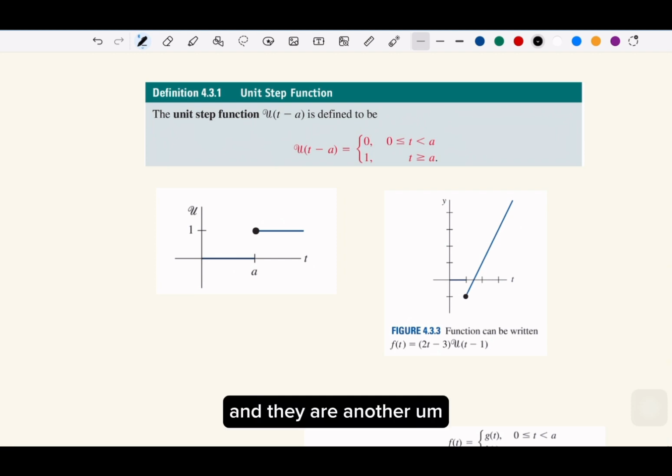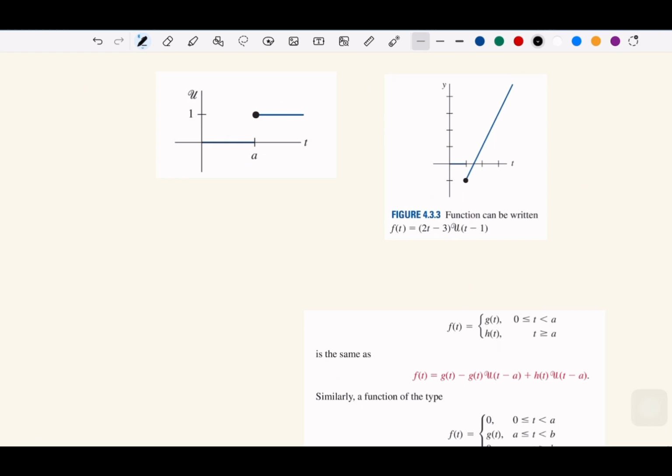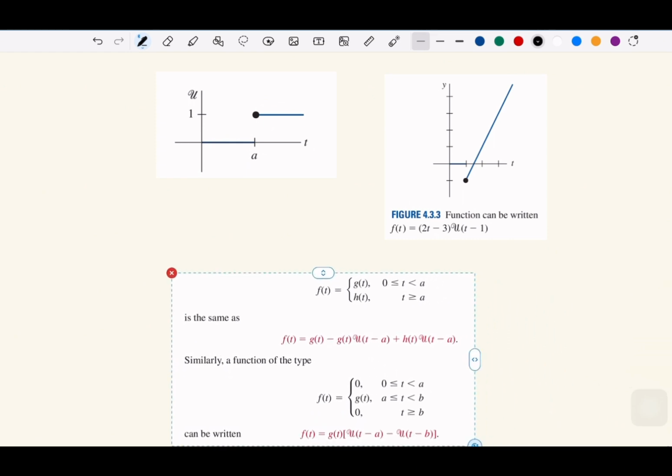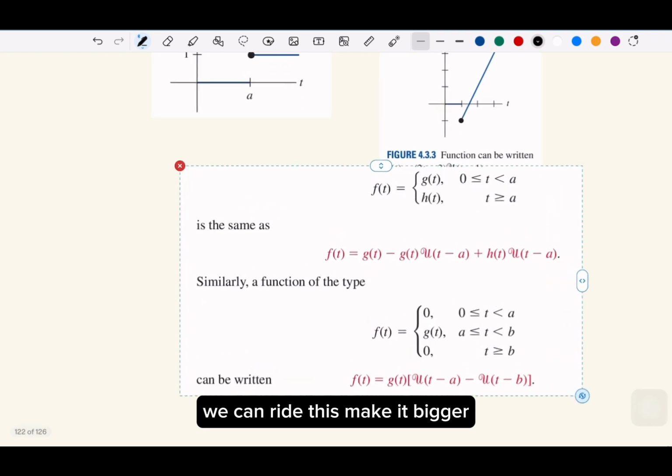And there is another statement for the Heaviside. We can write this, let me make it bigger.